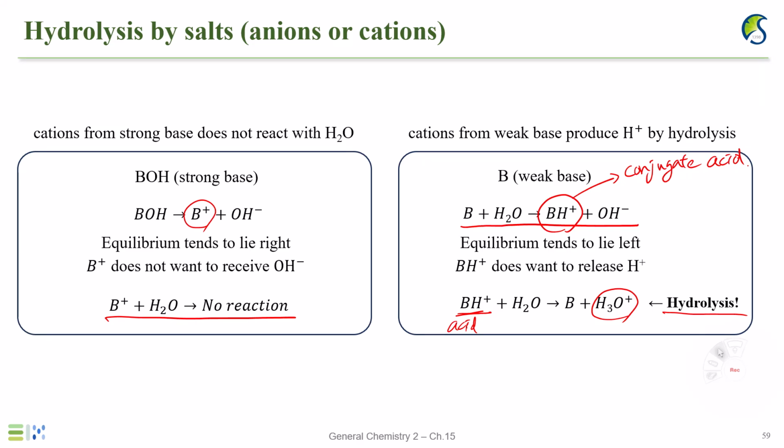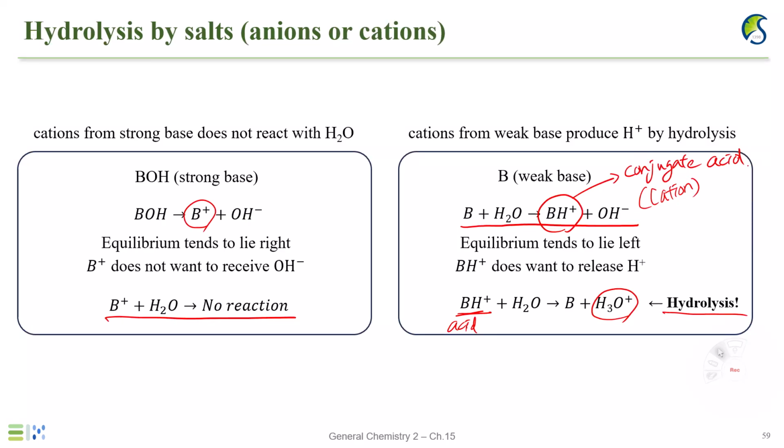And this conjugate acid, in most cases, is a cation. So if some salt has cations or anions which are the conjugate acid of a weak base or the conjugate base of a weak acid, those ions do something further when they are dissolved in water, even though they don't have OH minus or H plus.